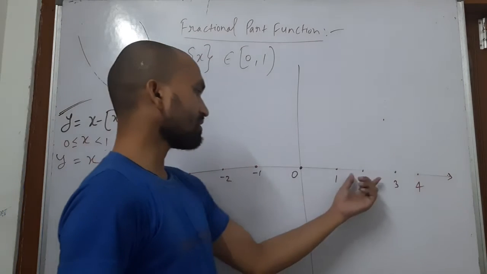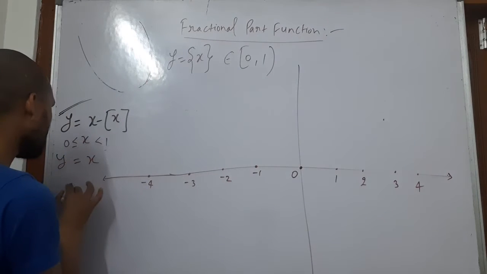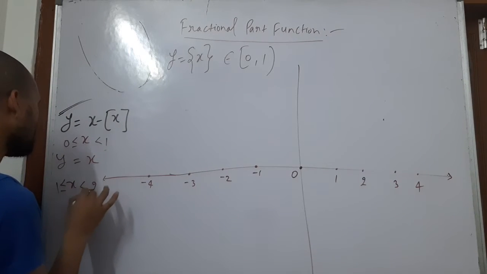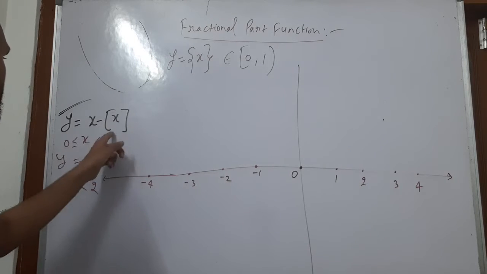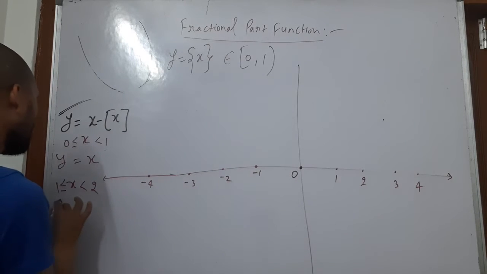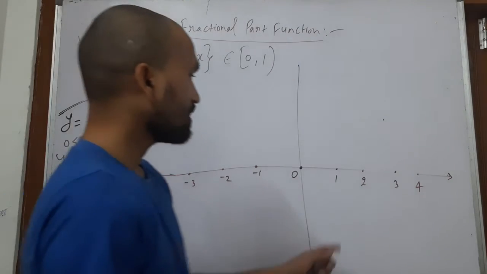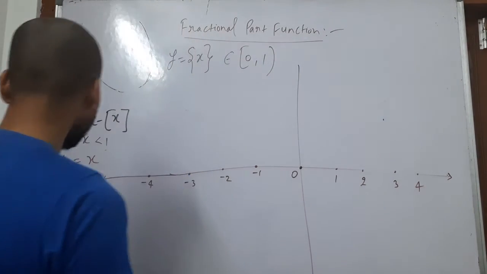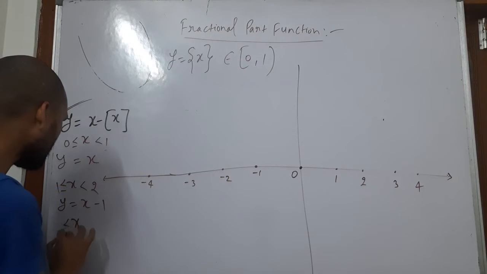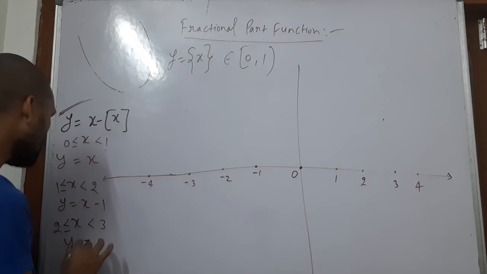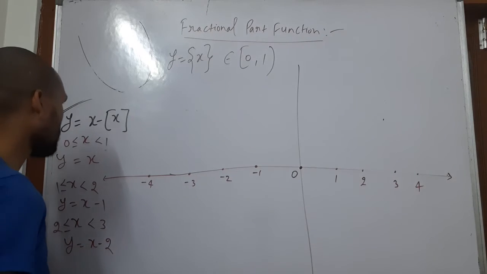Now another interval is x greater or equal to 1 and less than 2. Then greatest integer will be 1. So y will be what? x minus 1. Another interval, when x is greater or equal to 2 and less than 3, what will happen? y is equal to x minus 2.